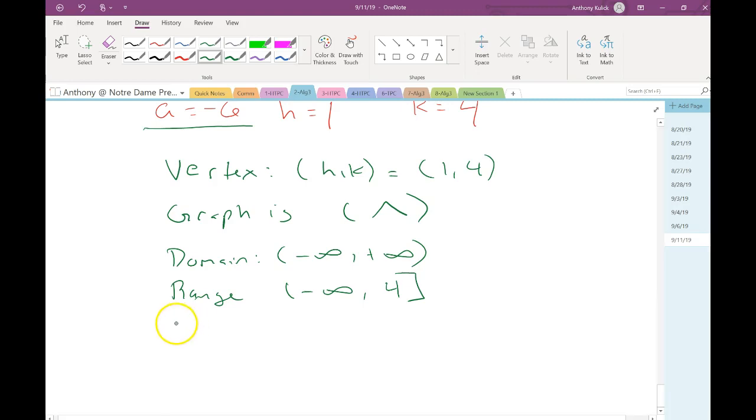Okay. We can do our intervals of increasing and decreasing. So for our wedge, we are increasing in the beginning, so we're going negative infinity to h, and in this case, h is 1. And we're decreasing from h to positive infinity.